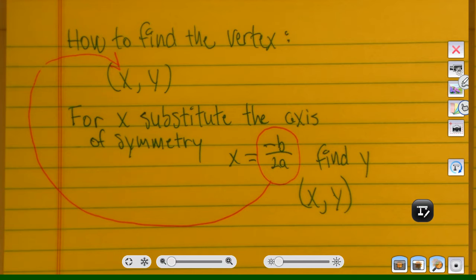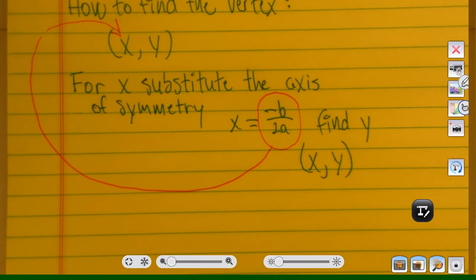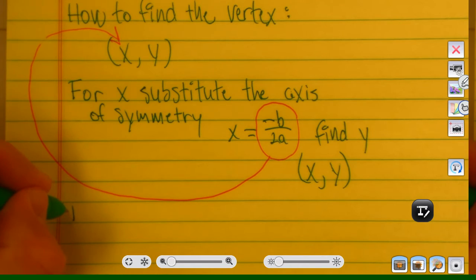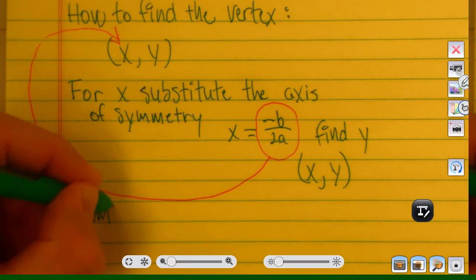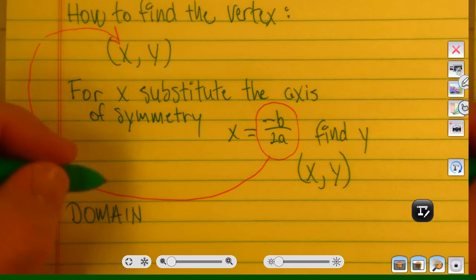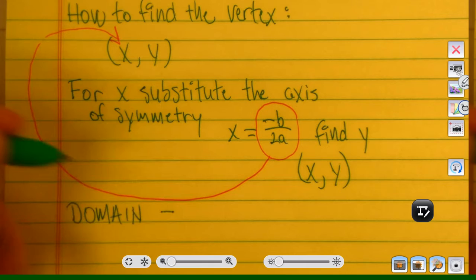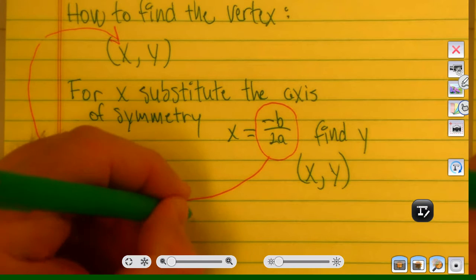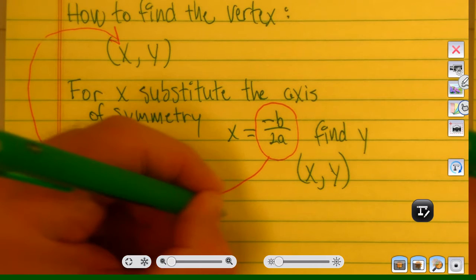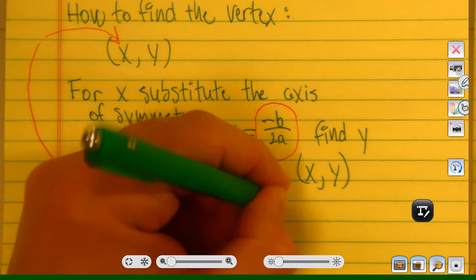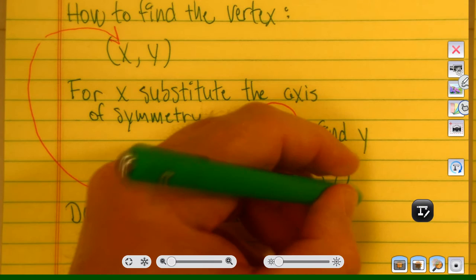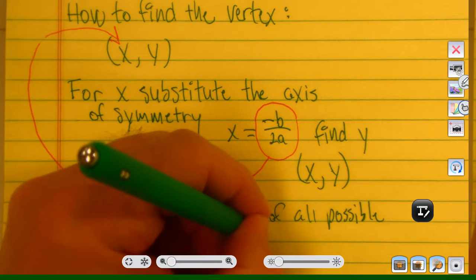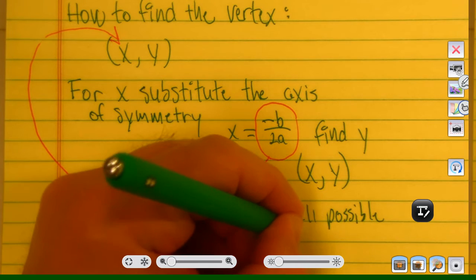Last couple of things in your notes that I would like to remind you of is that anything we graph has a domain, which is a summary of all possible x values. We've had that before. We've talked about domain.